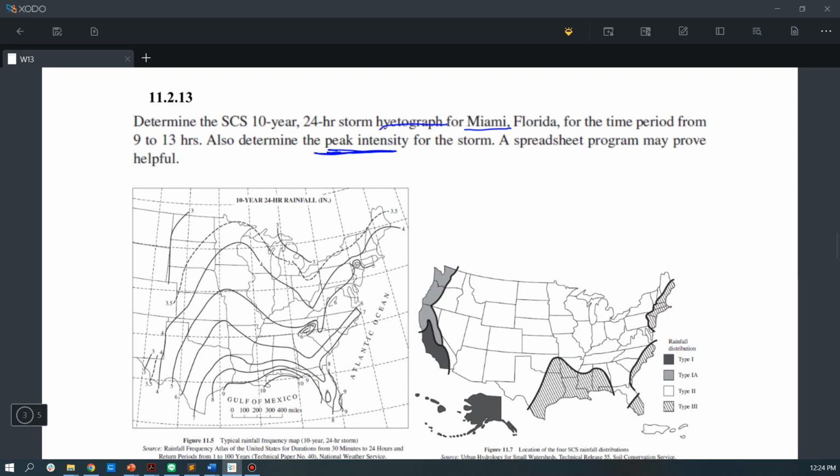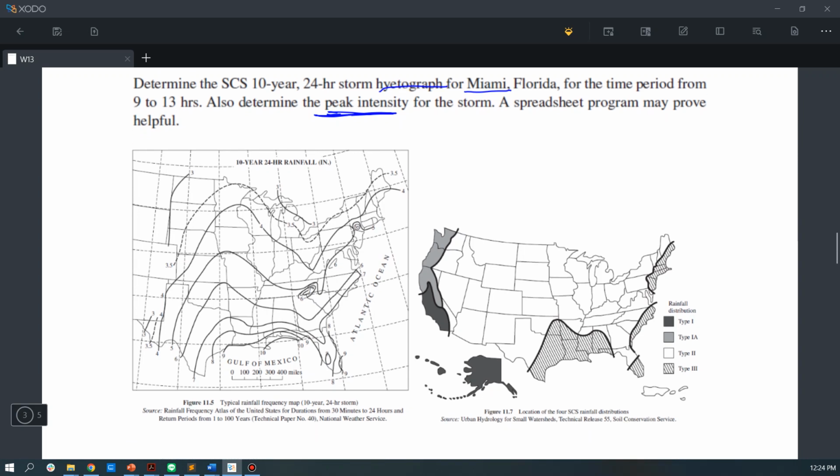Second thing, we want to translate the overall rainfall into a hydrograph, and we will use the SCS curve, which we need to determine which type of rainfall distribution that we should use. Okay, so Miami is located somewhere here.